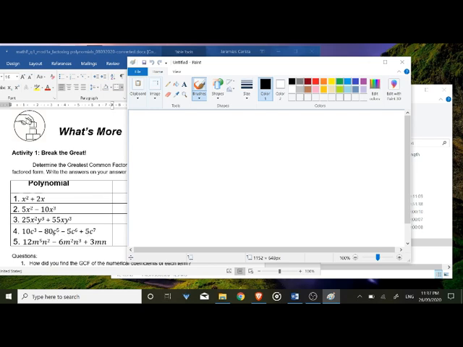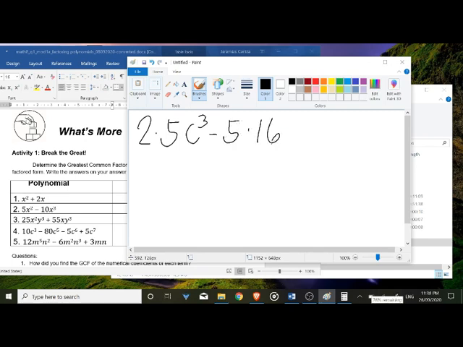So, para makita natin yung common factor sa kabilang term, so dapat may 5 din dito na factor, si 10 tsaka si 80. So, is 10 divisible by 5? Yes, that is 2 times 5. That's c cubed minus 80 divided by 5. That is 5 times 16. Tama ba? That's c5.